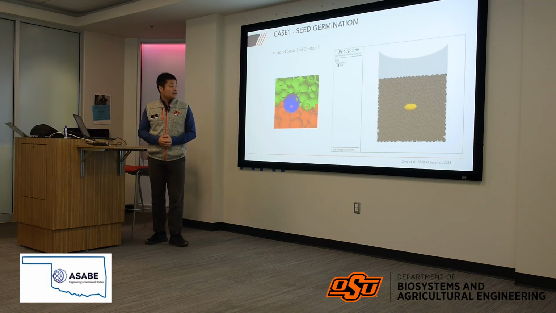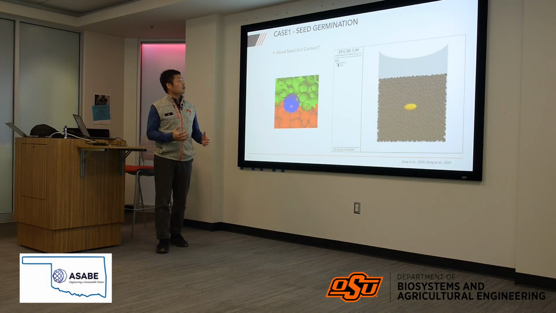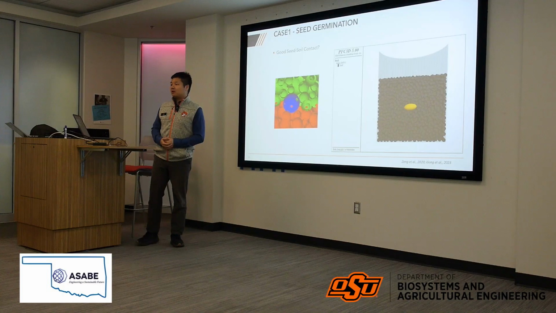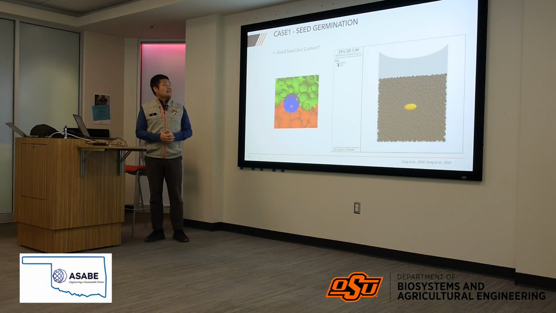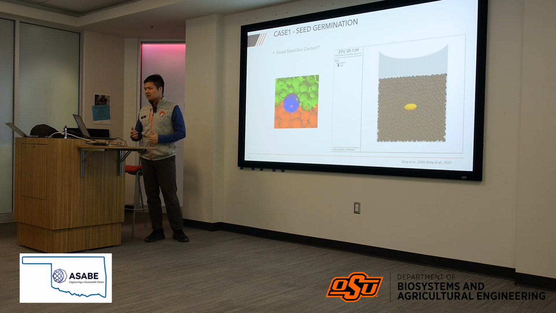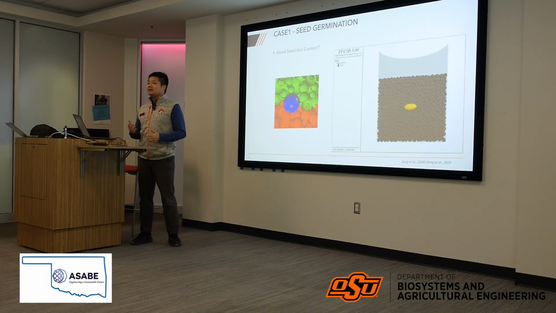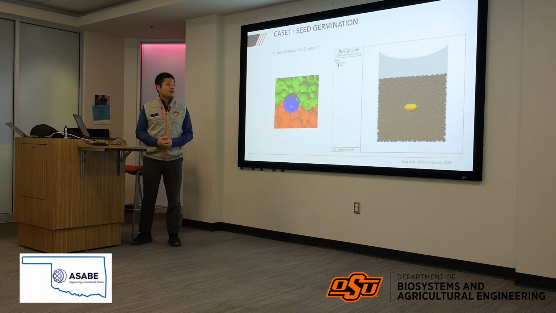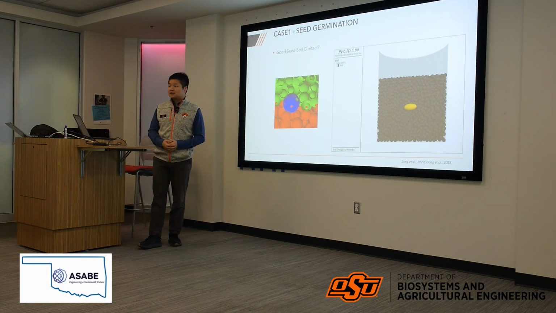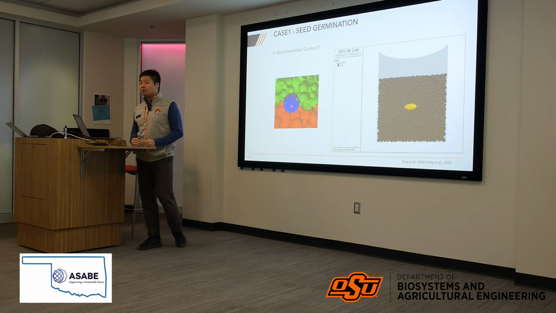The first one I'm going to present today is seed-soil interaction for the purpose of simulating seed germination. You've probably heard this phrase, seed-soil contact, in different situations or applications. It is one of the most important parameters in the seeding and planting world.